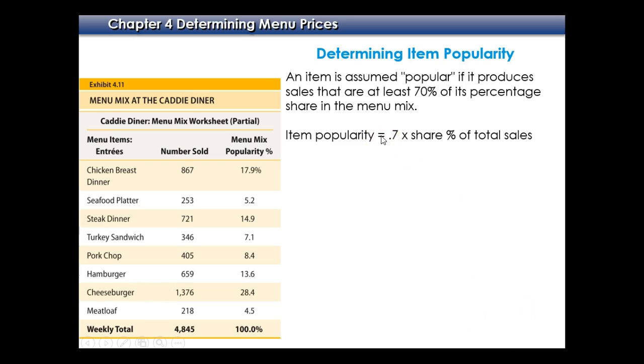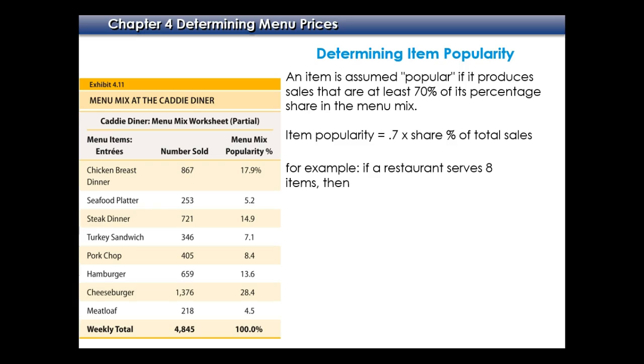It says, for example, if the given menu item is expected to have 20% share of the total weekly sales for next week, it needs to have at least 14%. So it's showing the 70% of the 20 that's on there. But how that works into this next one is just giving us that 70%.